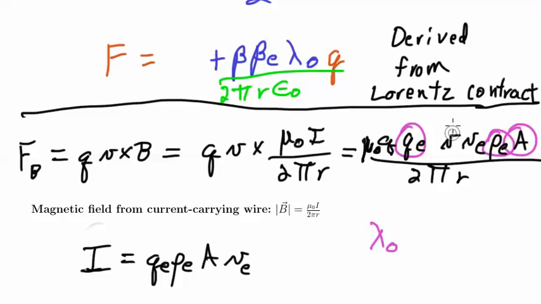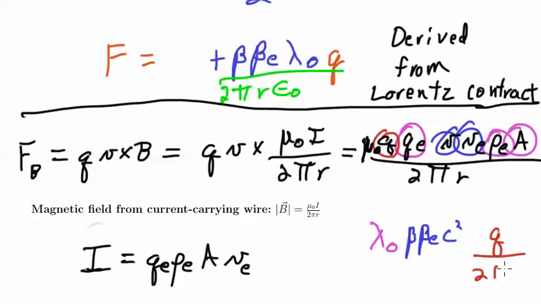Then V sub E is going to be beta sub E times C squared. I'll go ahead and take this Q over 2 pi r, and this mu sub naught, put it right here next to the C squared, and look at that, click.